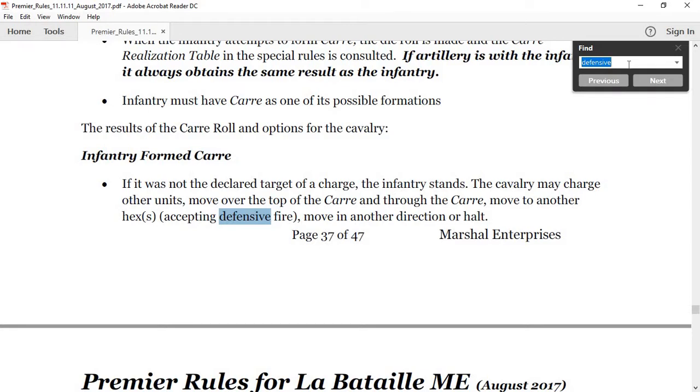Infantry formed square, carré. If it was not the declared target of a charge, the infantry stands. The cavalry may charge other units, move over the top of the square, and through this square move to another hex or hexes, accepting defensive fire, move in another direction, or halt.